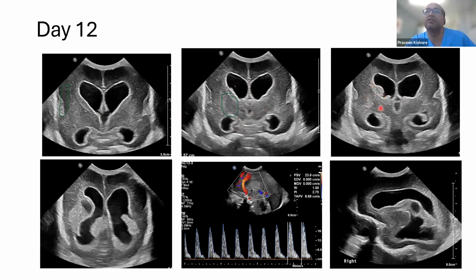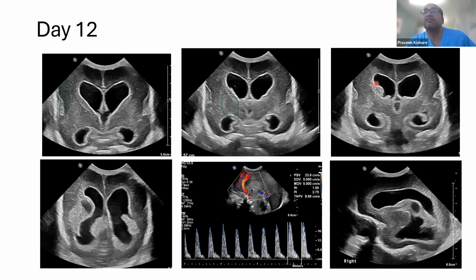It is day 12. Now I know that Dr. Alok talked to you about IVHs, and the usual course or progression of an intracranial bleed can take 2 to 3 weeks. So sometimes you will find some resolving bleed or some remnants of a bleed up to 3 weeks in the ventricle.